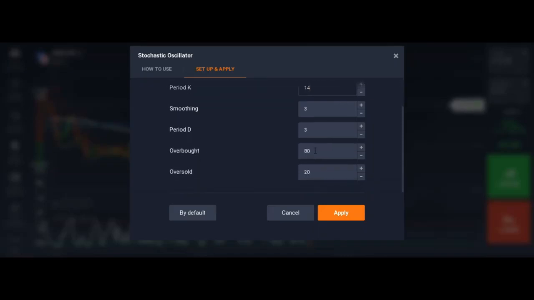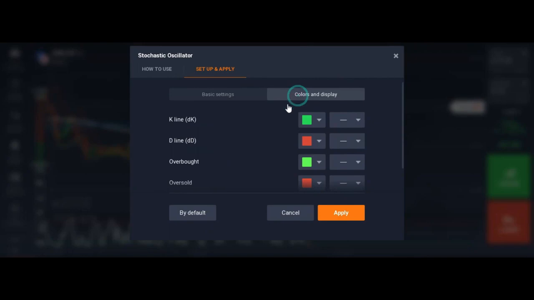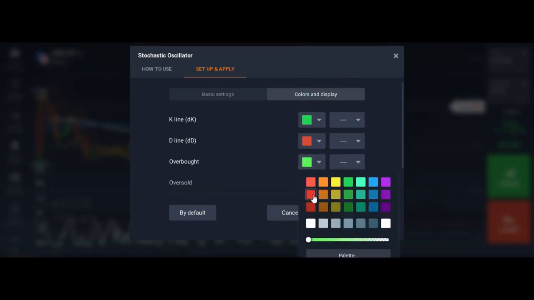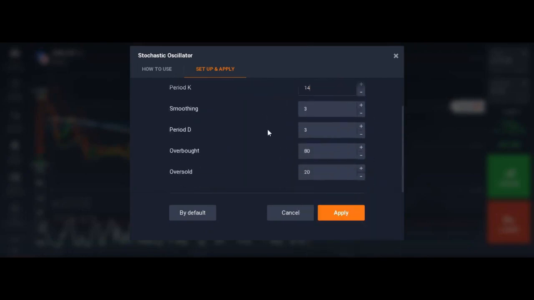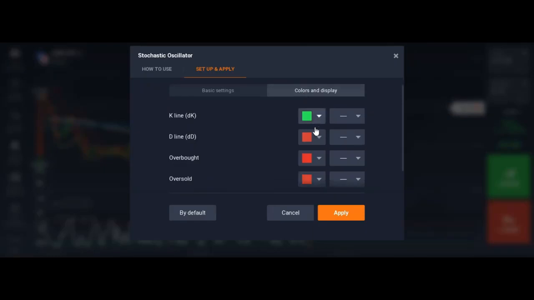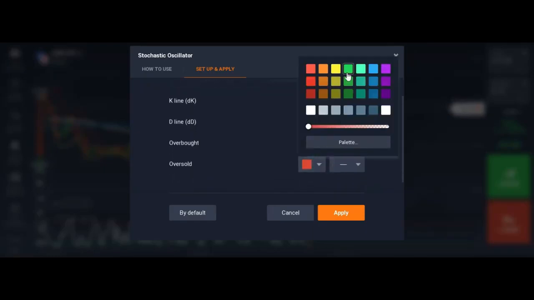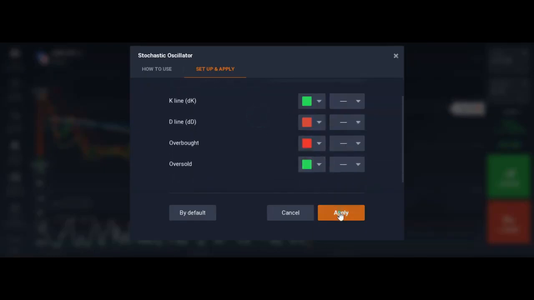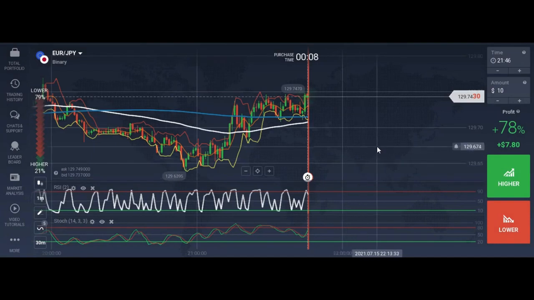Overbought 80 and color red. Oversold 20, and color green. The oscillator is responsible for sending us oversold and overbought signals.